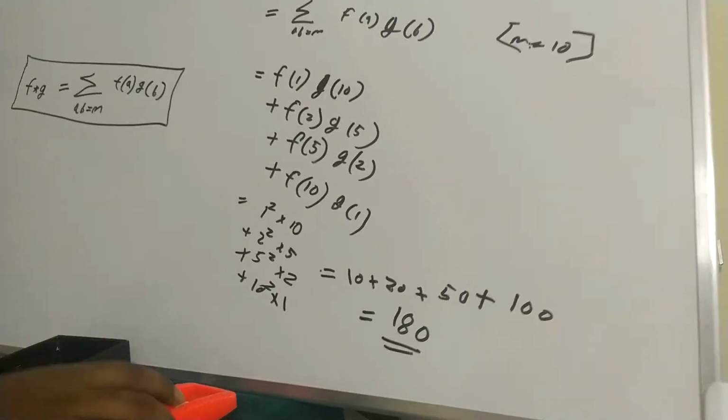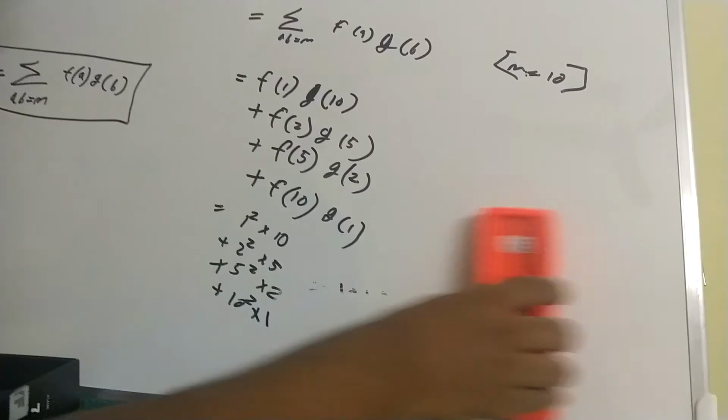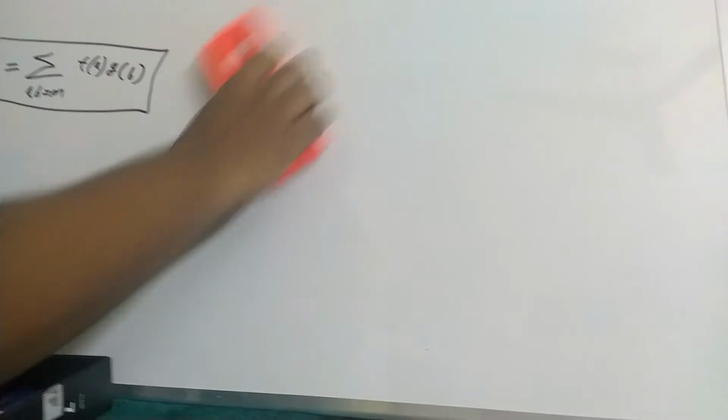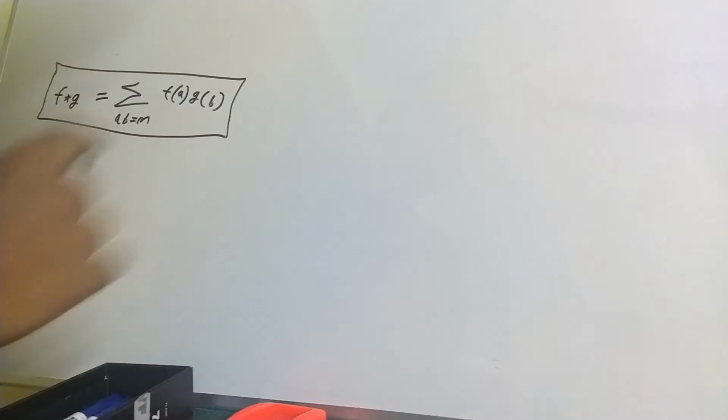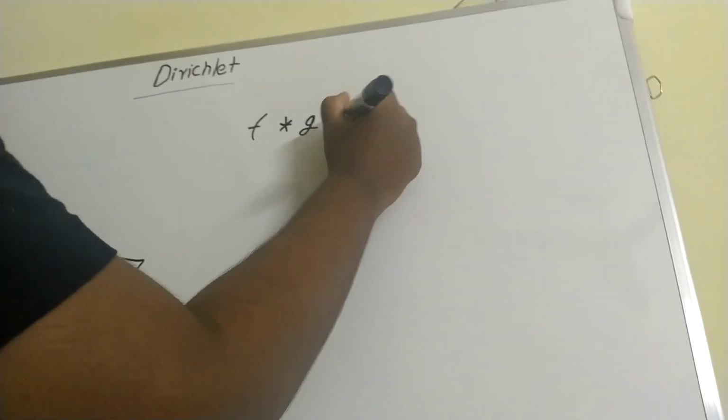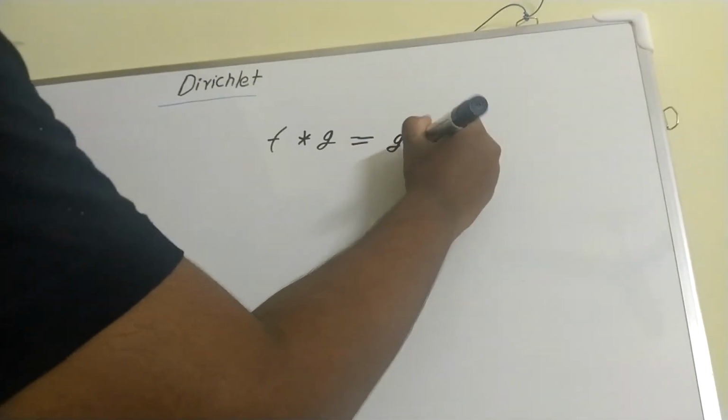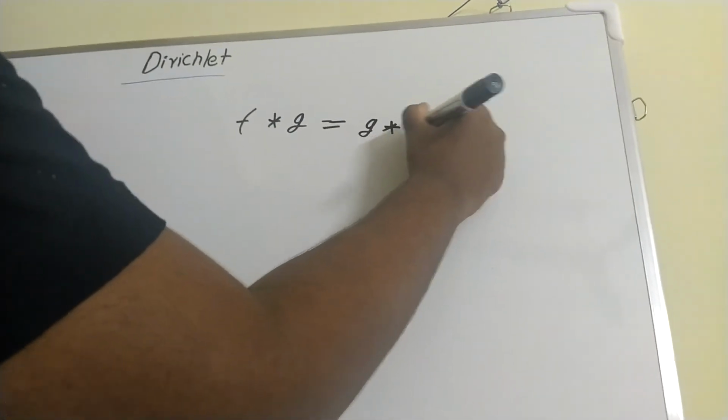Okay, so that's just convolution. And now we are going to discuss the properties of convolution. We will see why this matters in a moment, but bear with me. f convoluted by g is equal to g convoluted by f.